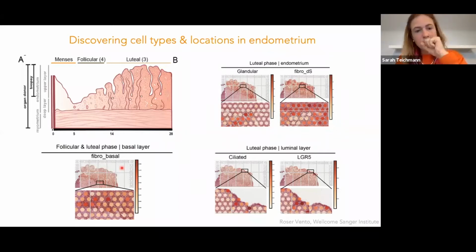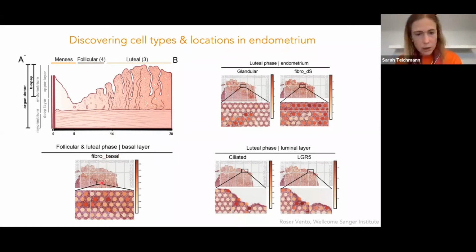We define these cell states from the single nuclear RNA sequencing, so the glandular epithelial cells here, the basal fibroblasts here, and we're then effectively locating the expression signatures of those cell states into the two-dimensional space on the Visium section where each voxel is 50 microns, so that can be 20 to 100 cells.